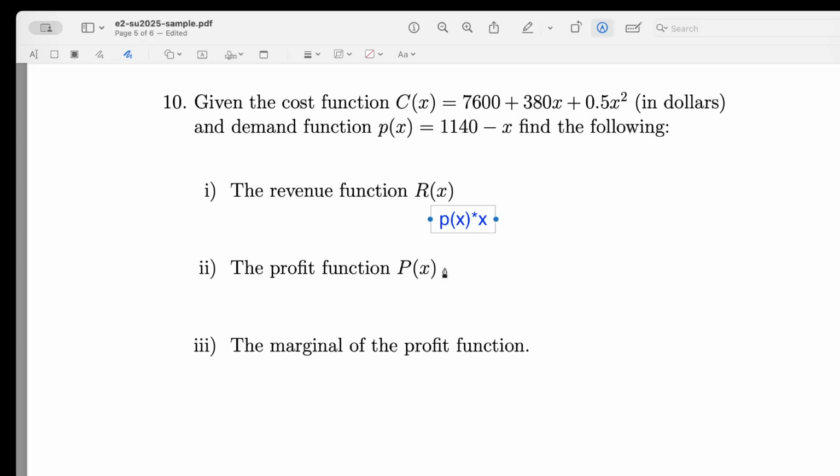What about the profit function? All too often I see people in business calculus who don't know this, so I want to make sure that you guys know it. Really, I want you to know it thoroughly. Profit is equal to what you take in, which is the revenue function, minus what you spend.